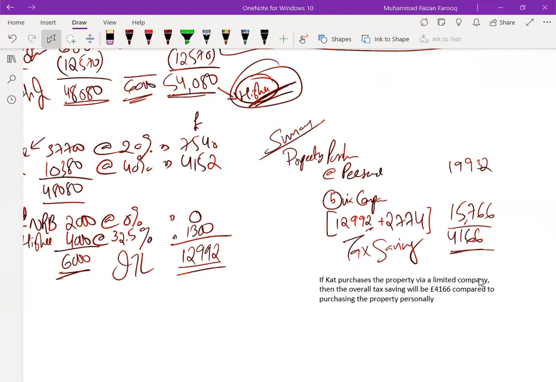So that's it for the revision kit of property income. My request to you is that please try to solve the BBB revision kit for your practice, only for the topic of property income.